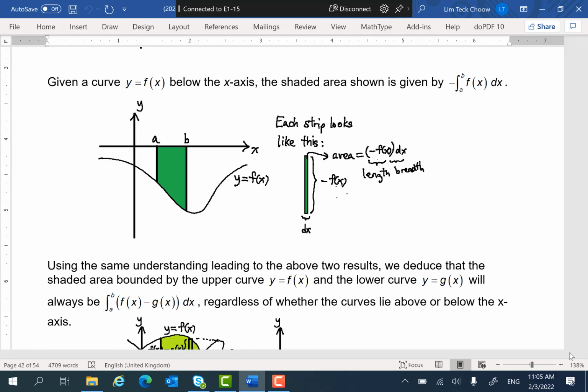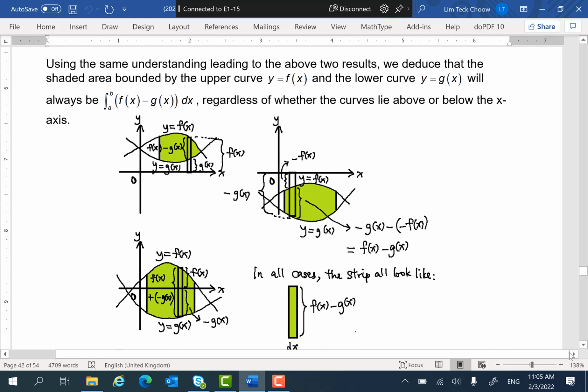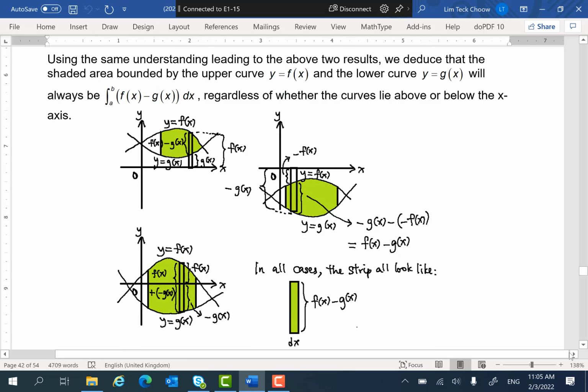In fact, I'm also quite sure that you know how to find the area bounded by the curve and the y-axis. The formula just changes, it's integration of x dy, kind of thing, right? And this can confuse quite a few people when you have one curve on top and one curve below.